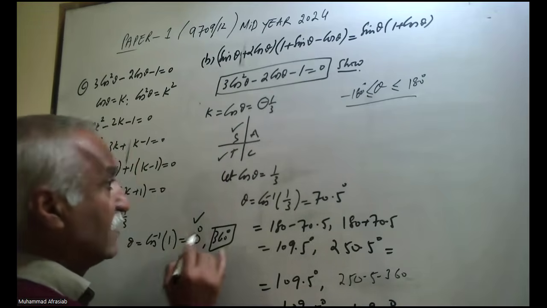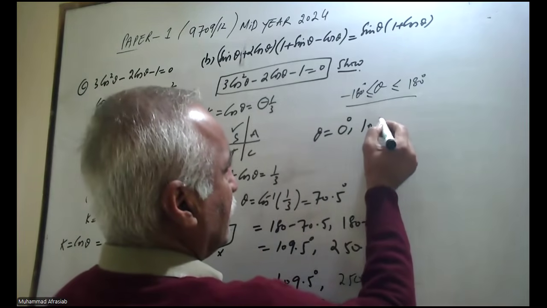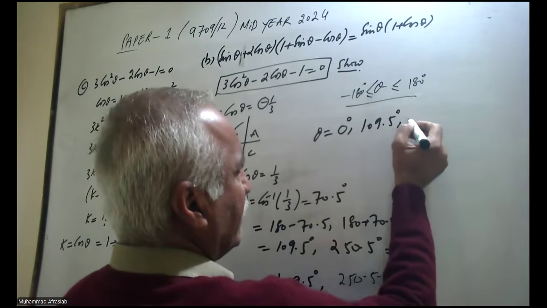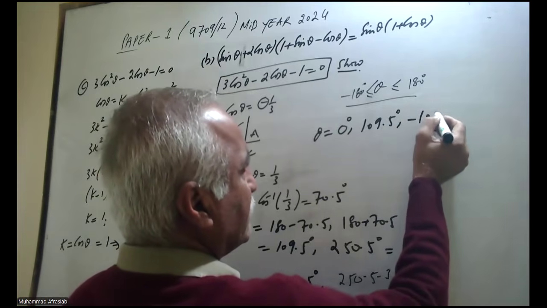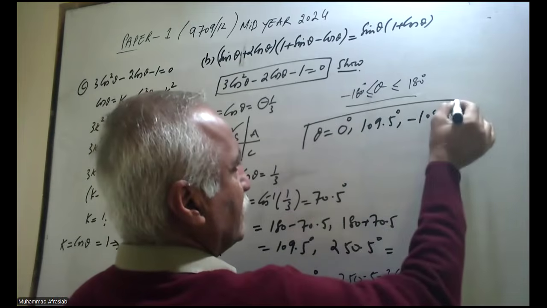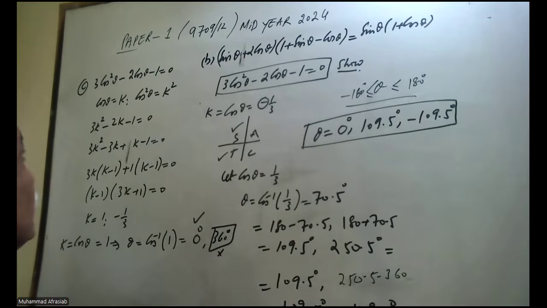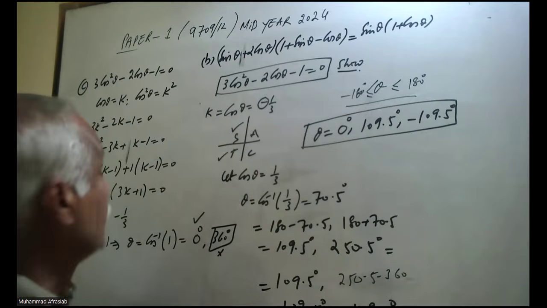So there are three angles: theta is equal to 0 degrees, or 109.5, and minus 109.5. These are the calculations for the angle theta for this question, part C.